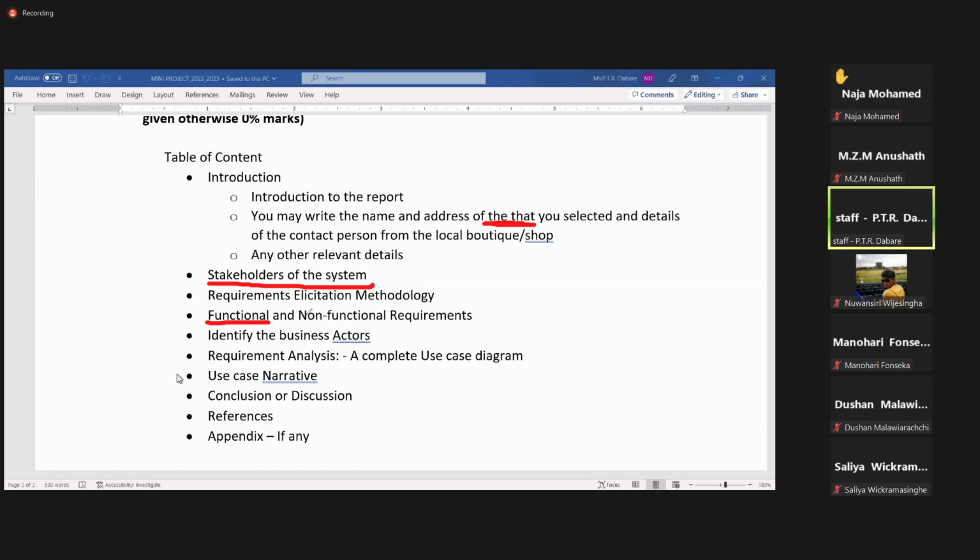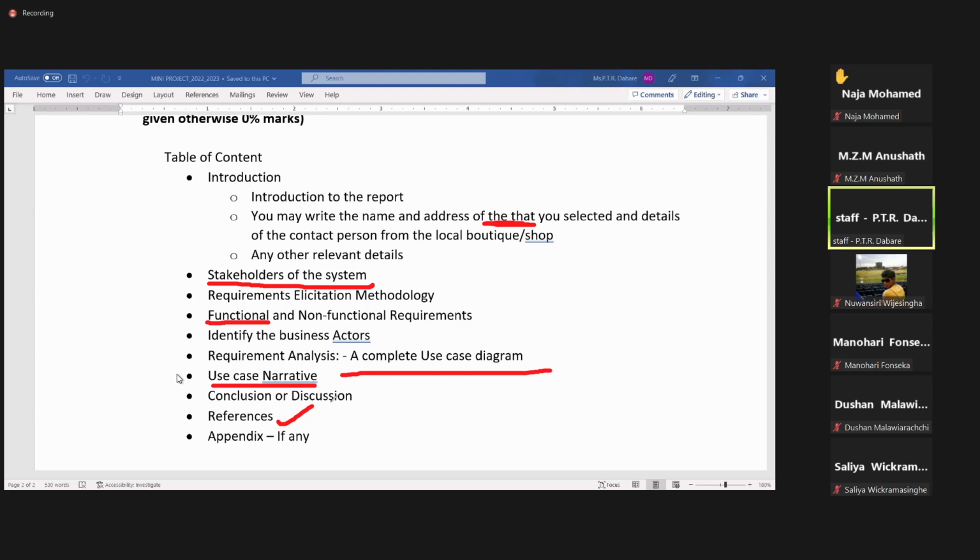For requirement analysis, we need a complete use case diagram, a use case narrative, a conclusion or discussion, and references. Say you used some document from the web; you can give details about it. If you studied an inventory system prior to collecting data, you can put that too.